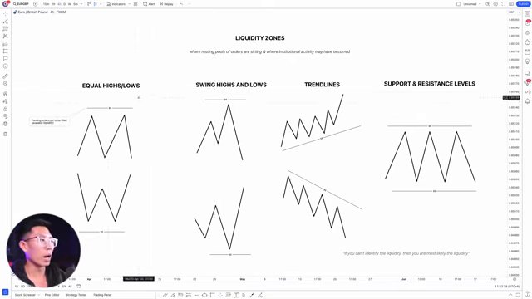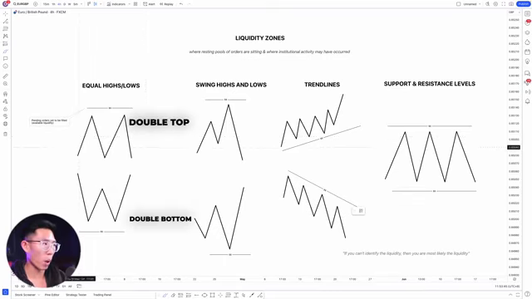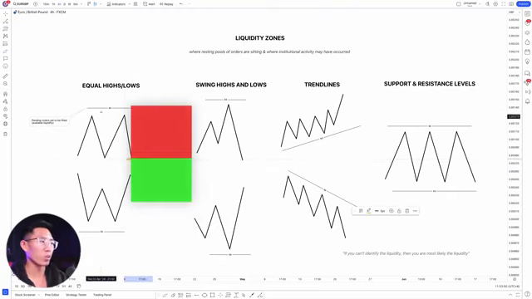So if you look at equal highs and equal lows, this is actually your double top and double bottom chart pattern, where price creates the first top and then comes back up to retest that top before collapsing. And when retail traders see this, they will most likely enter for a sell right here, after price creates this double top. And what happens next is that they're going to be placing their stop loss above these highs right here.